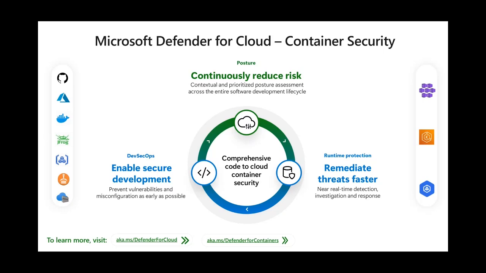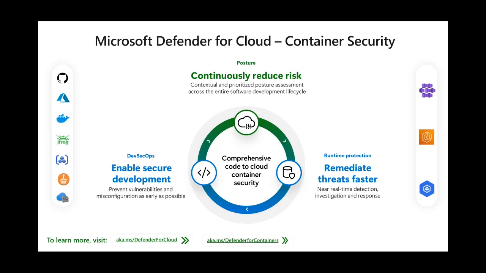Then we provide posture capabilities as well to help you continuously monitor and reduce risk. So this is looking at getting visibility into the entire Kubernetes estate and offering security best practices with compliance, as well as securing images while they're in runtime or in production, which relates to this last part here, the runtime protection.